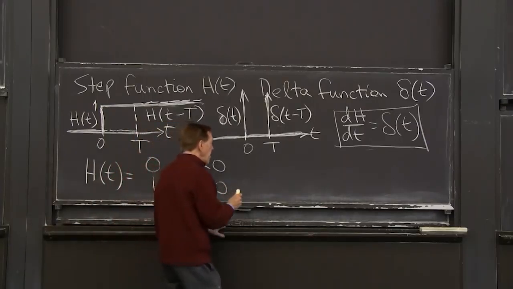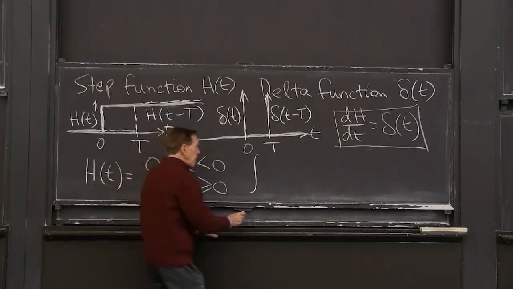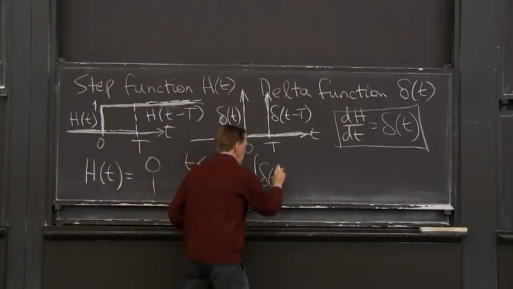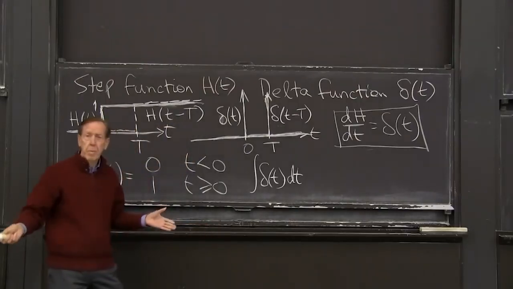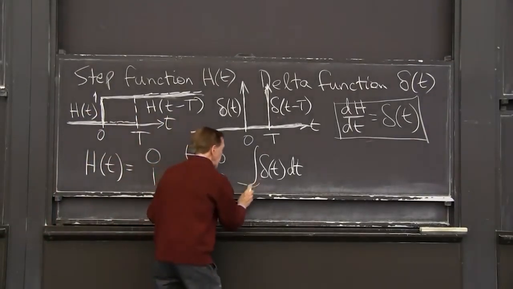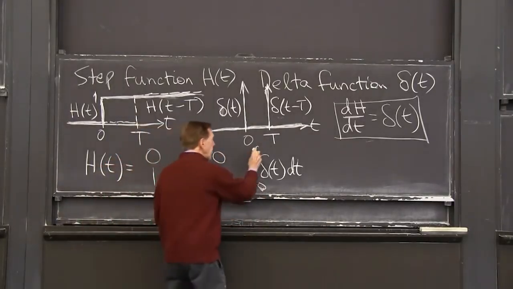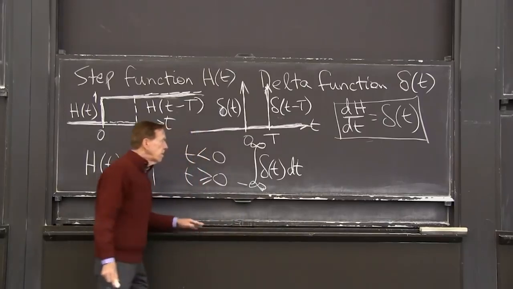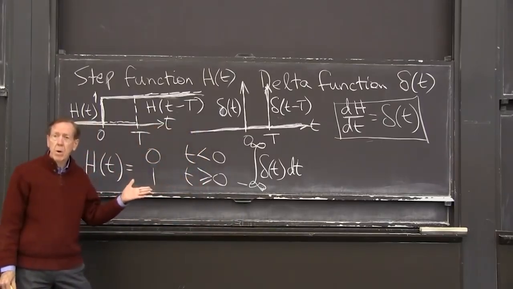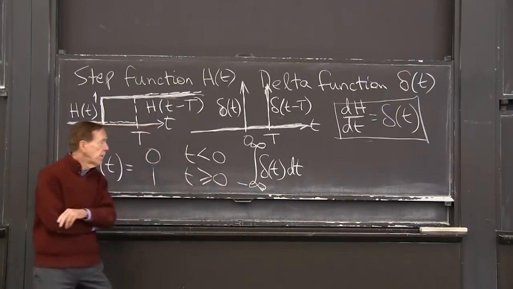So the key property of the delta function is to know what its integral is. The integral of the delta function is the total deposit over, let's say, time could have started even at minus infinity, and it could go on forever to plus infinity. So that's the total deposit, the total input coming from this source term delta of t.